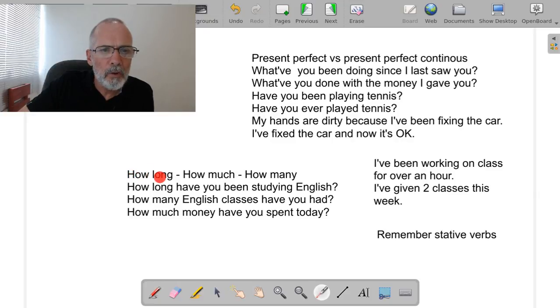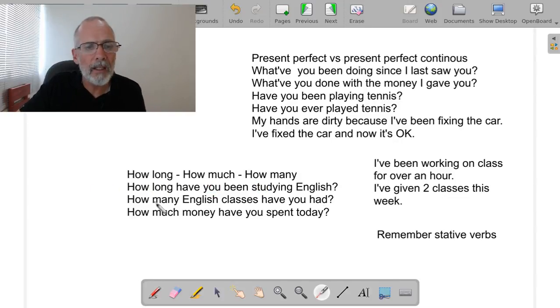We also use how long with the present perfect simple or the present perfect continuous, but how much or how many we can only use with the present perfect simple. So for example, how long have you been studying English? One year, two years.